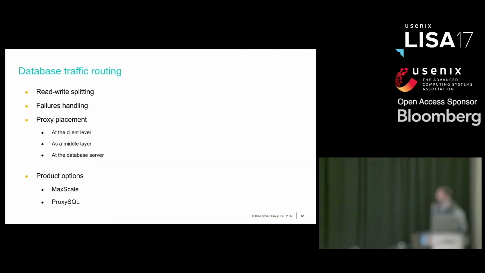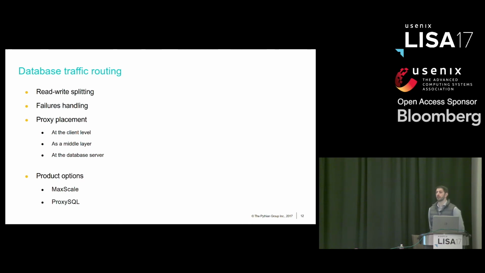So now, once we had that, we started to figure out how to route the database traffic through to the different nodes, right? We wanted our applications to read from the local replica. So we wanted reads to go to the local slave, but of course we needed writes to go to the central master, so we needed read-write splitting for sure.